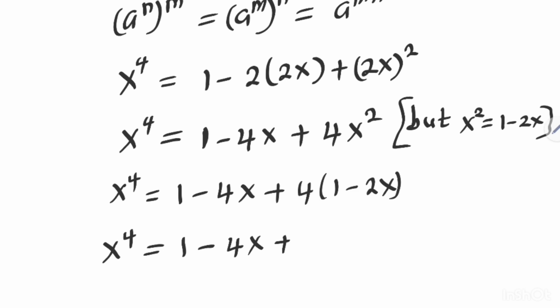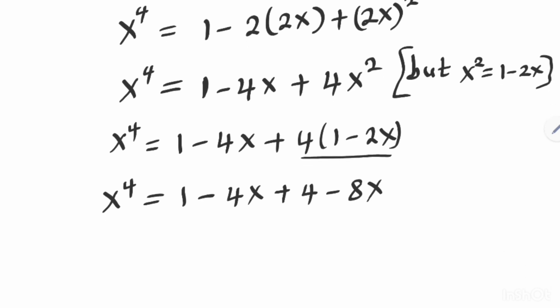If you open the bracket with this 4, we have 4 times 1, that is 4, minus 4 times 2x, that is 8x. Then x raised to power 4 is equal to 1 plus 4, that is 5, minus 4x minus 8x, that is minus 12x.